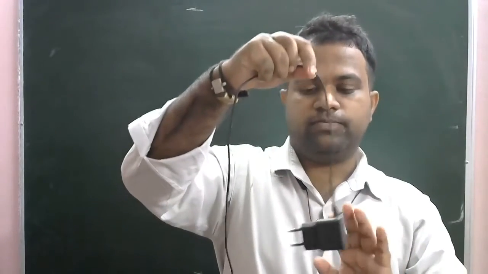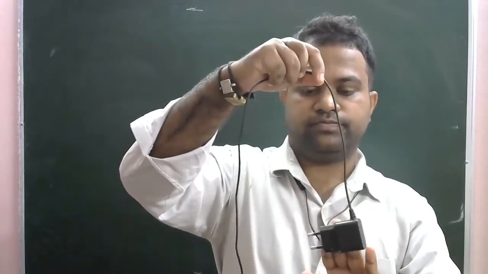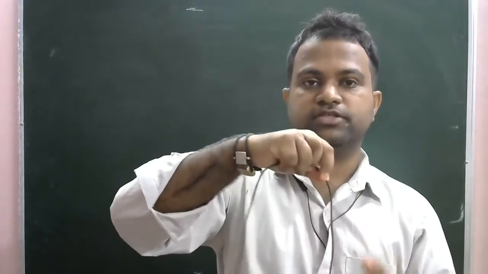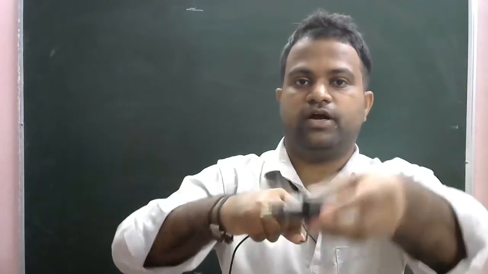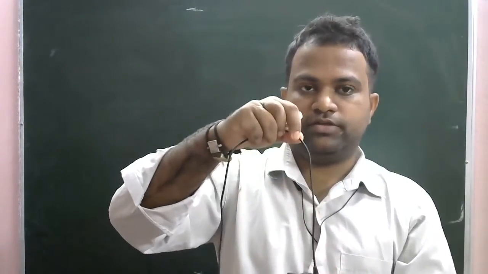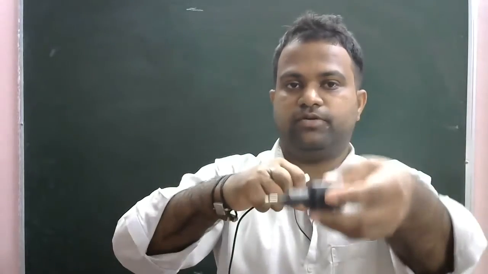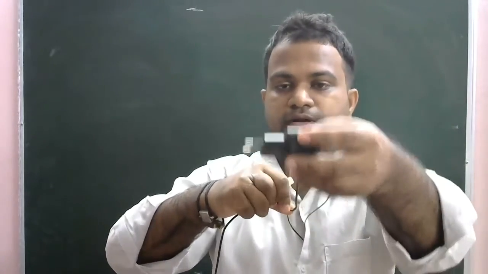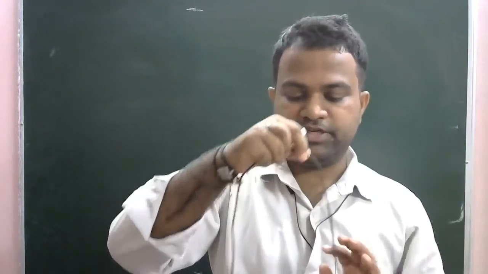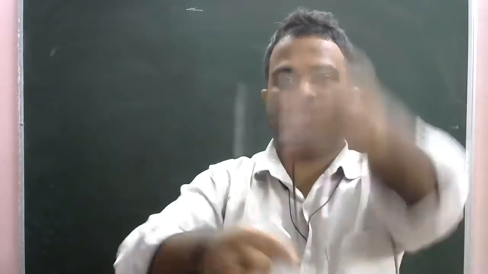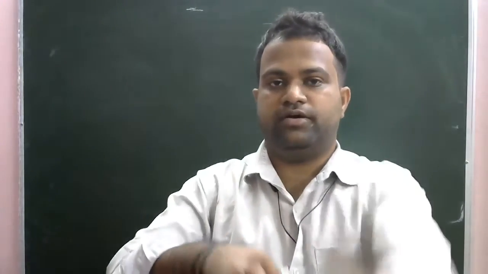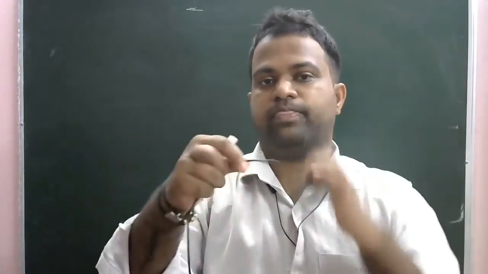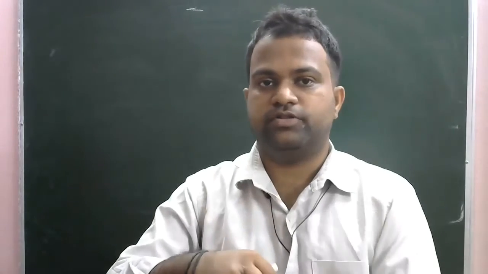Now if I provide some initial velocity here, you can see when it is going up, gradually the velocity is becoming less. But if I provide sufficient initial velocity here, then only it will be in circular motion, or it will be on the track.